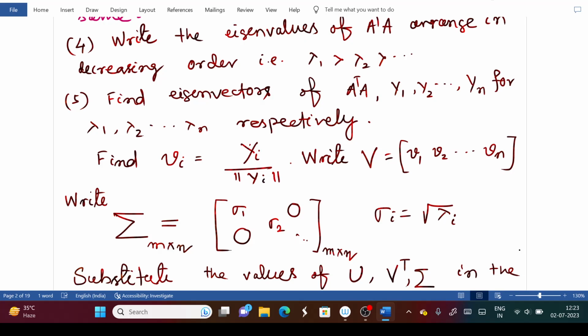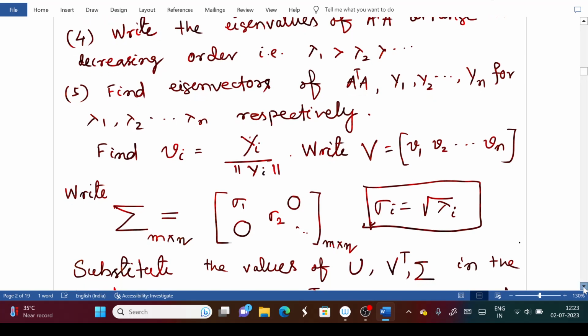The largest eigenvalue's square root is the first singular value, the second singular value from this relation, sigma i is equal to square root of lambda i. So from there we will find the values of sigma and write them in the diagonal positions, and all the rest of the entries will be zeros. So like this we will write sigma.